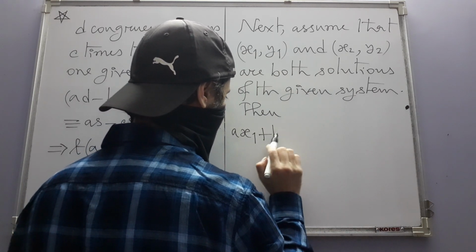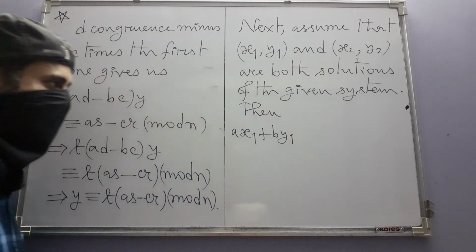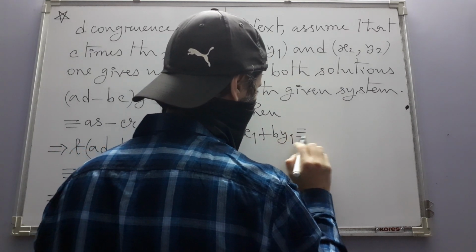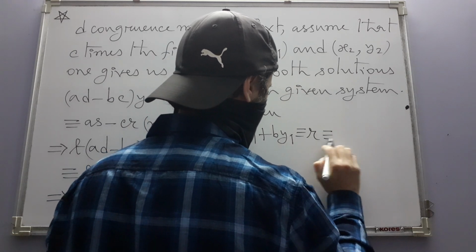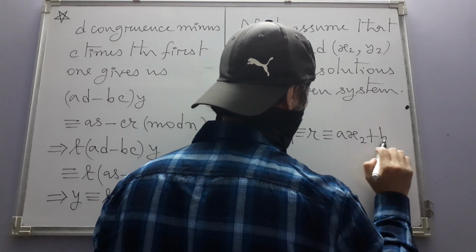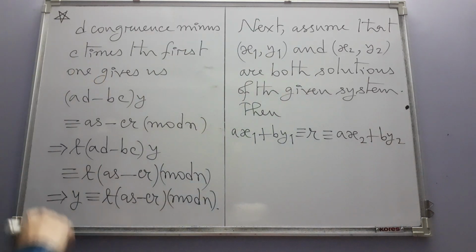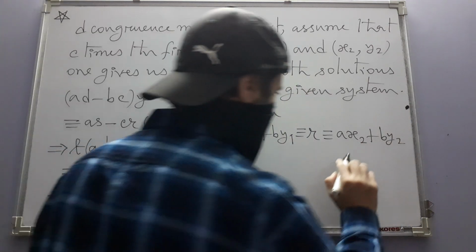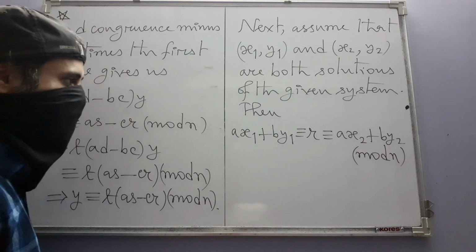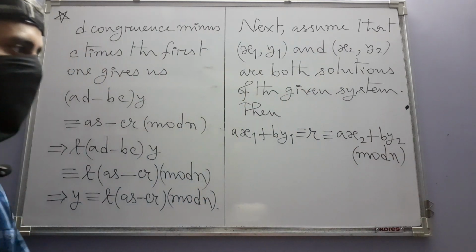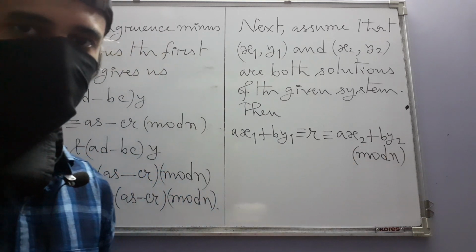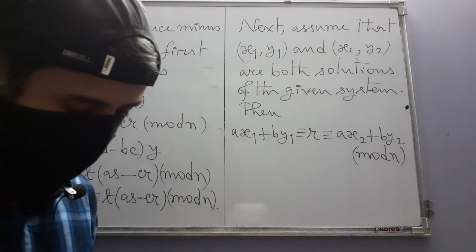ax1 plus by1 is congruent to R modulo n. But simultaneously, ax2 plus by2 is also congruent to R modulo n. Have to mention mod n. In some cases, you can choose to not write mod n if it is understood what the modulus is.